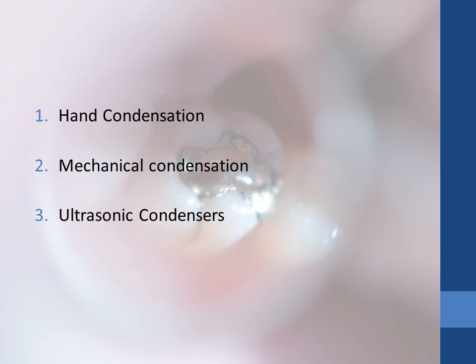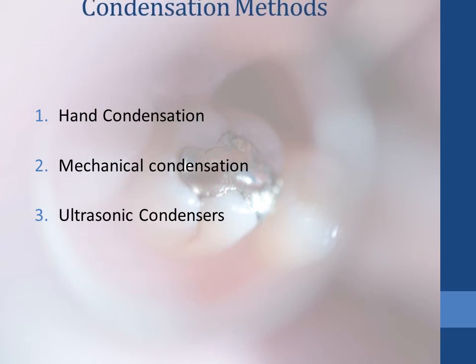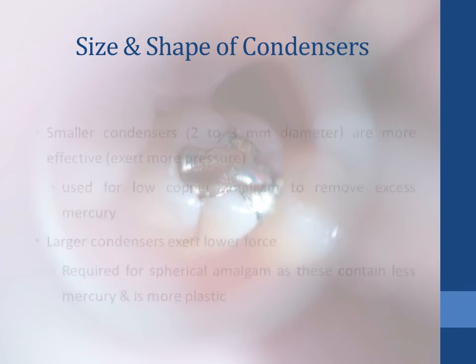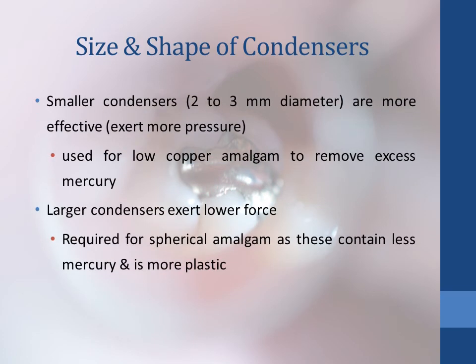The different types of condensation are hand or manual condensation, mechanical condensation, and ultrasonic condensation. Hand condensation involves the use of different hand condensers or instruments, which come in different sizes and shapes. As you can see from the diagram, these are hand condensers used to carry out condensation. Small condensers, 2 to 3 millimeters in diameter, exert more pressure and are more effective.